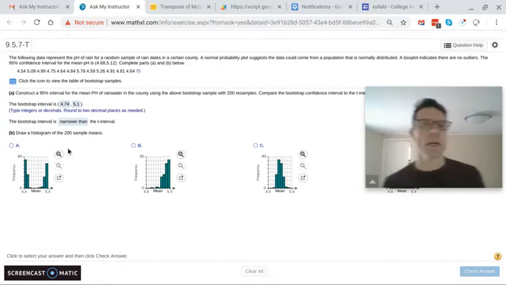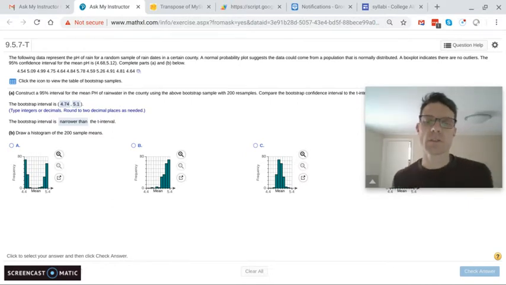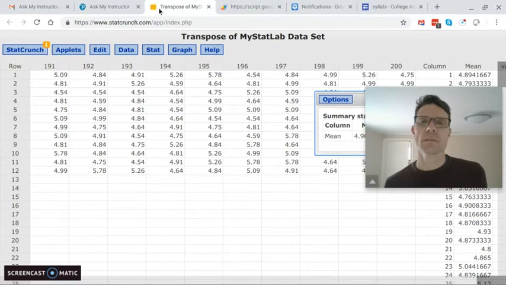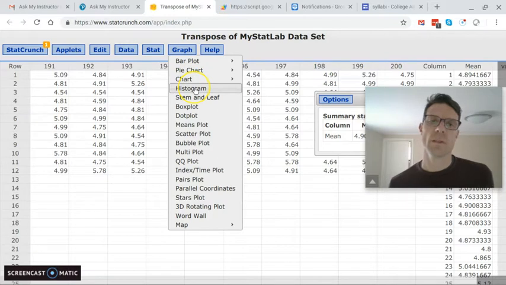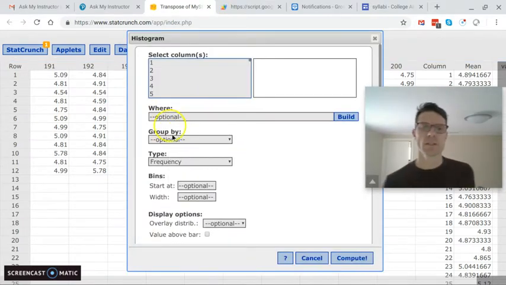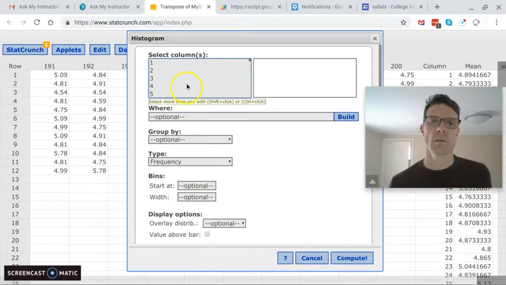Okay. And we're asked to draw a histogram of the 200 samples. So we just go back to the table. And I just want to do a graph, and here I'm going to do it of the means. This is my sampling distribution, my bootstrap sample distribution.